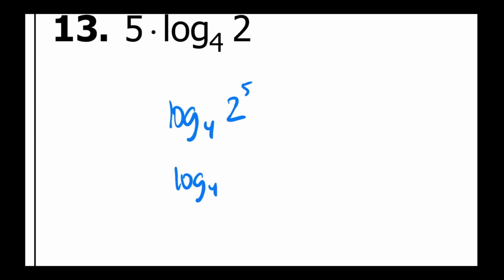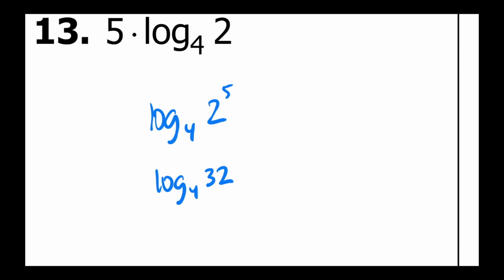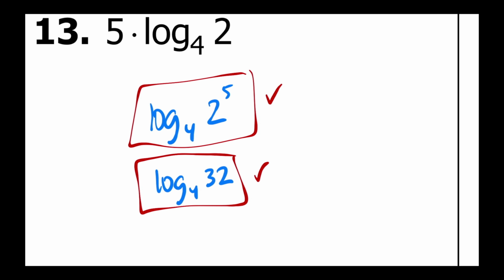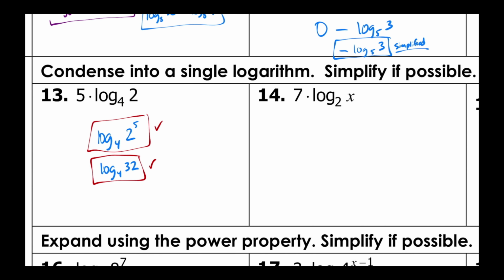Log base 4 of 2 times 2 times 2 times 2 times 2, which is 32. And if I wanted to, not solve, but if I wanted to evaluate this and get an actual answer, remember how we do that? So if you were just condensing, I'm done right here. That's also an acceptable answer. These are 2 acceptable answers. But the instructions do say simplify if possible.